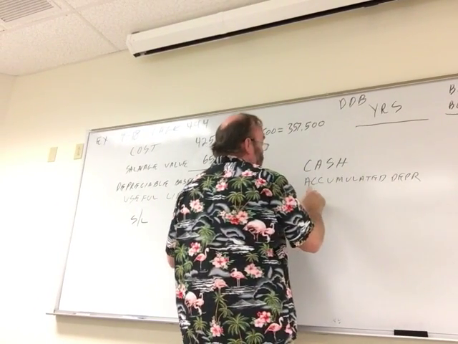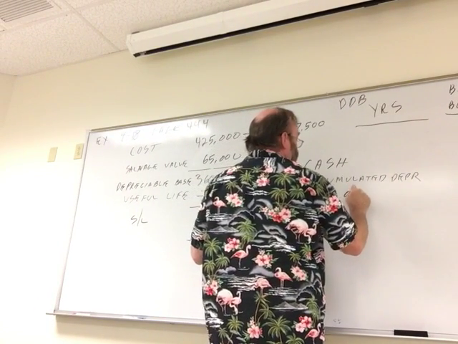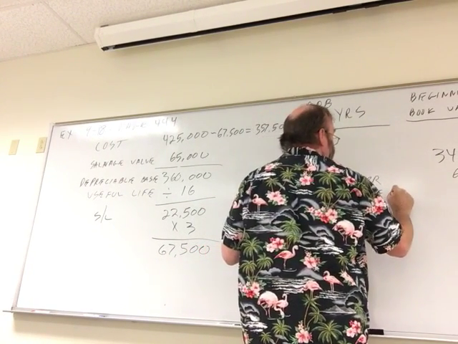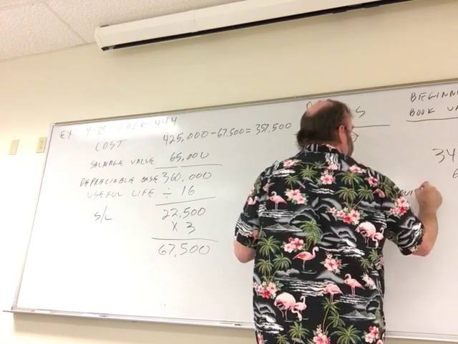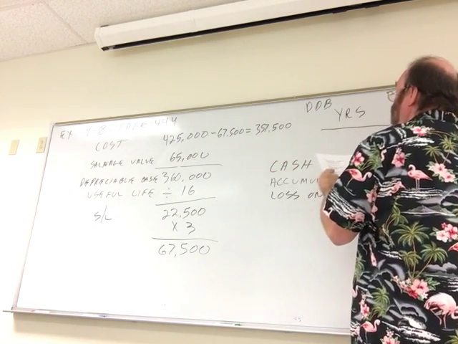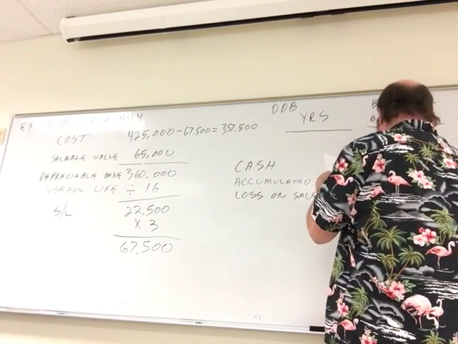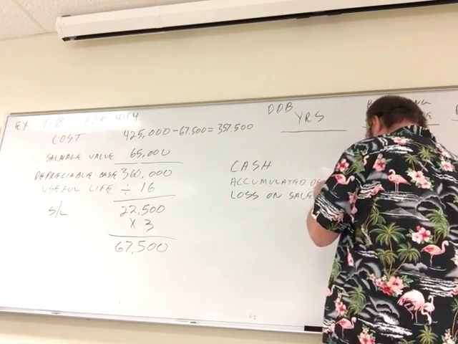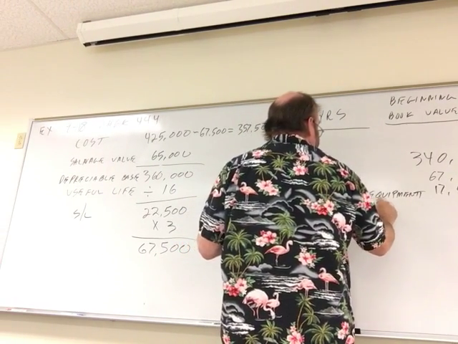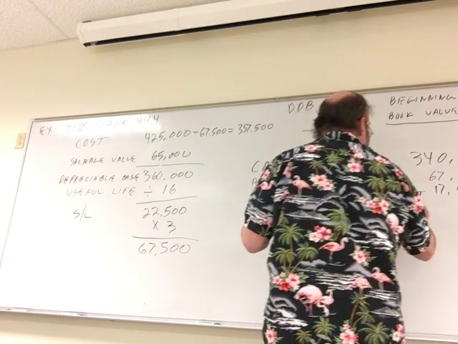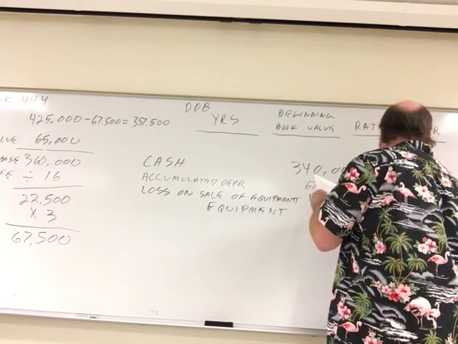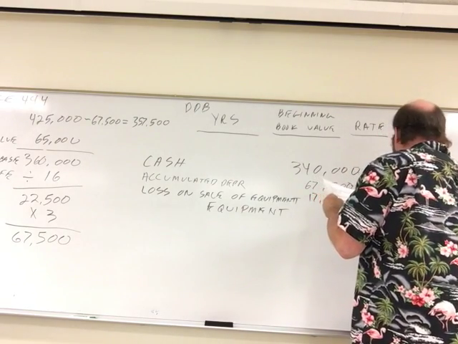And we need to take a loss on sale of equipment of $17,500. And then we write off the equipment by crediting the equipment account for the $425,000.